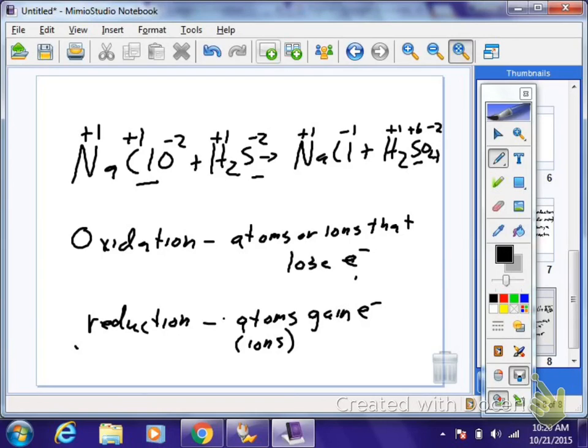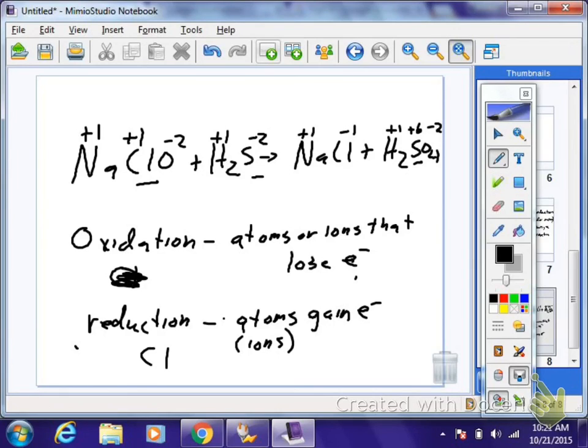Electrons are negatively charged. So when they say gain, people think the opposite. It's gaining negatives. So chlorine is being reduced.